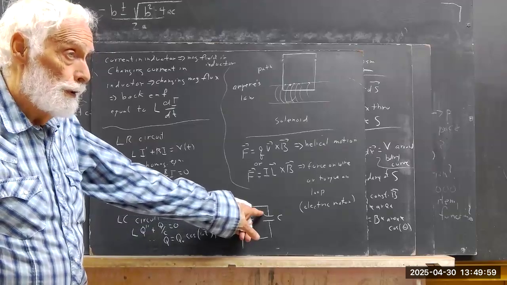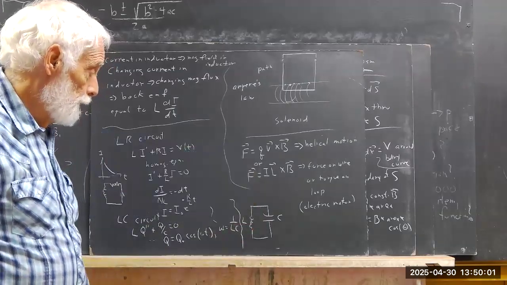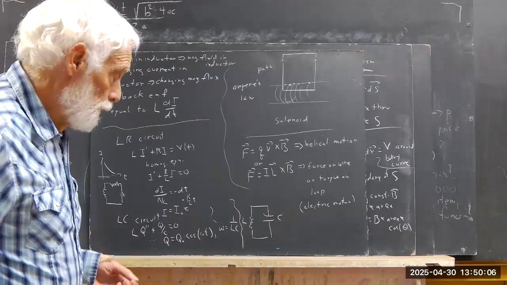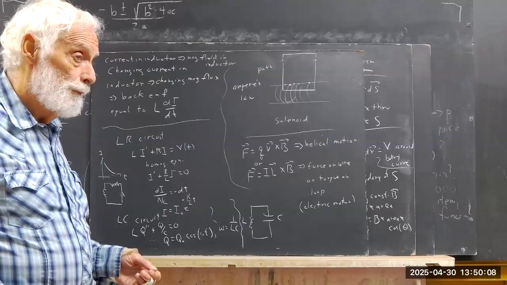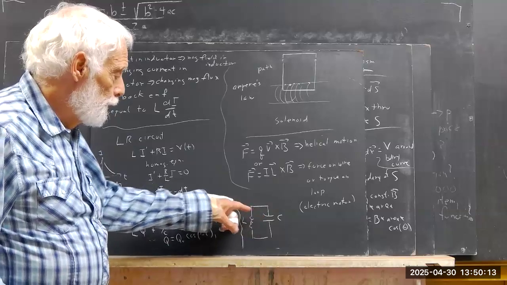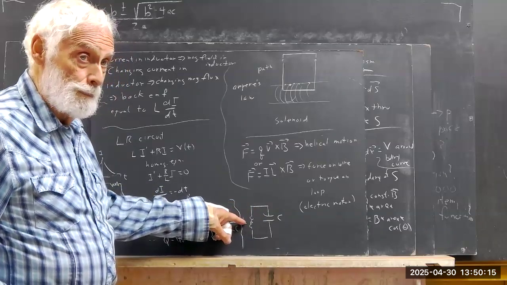Or let's say we have a charged capacitor, there's a switch in here someplace, and we close the switch. What happens when we close the switch? The capacitor discharges, running a current through the inductor.